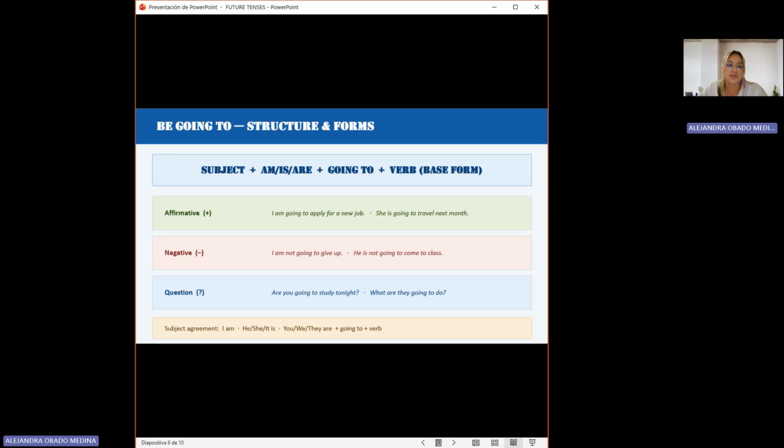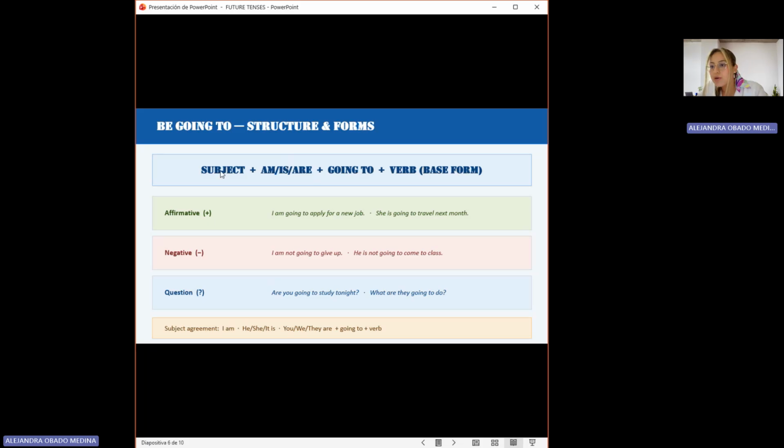Now the structure. This one has one more step than will. Otro paso. Look: subject plus is, am, or are, the verb to be, plus going to plus verb in base form.